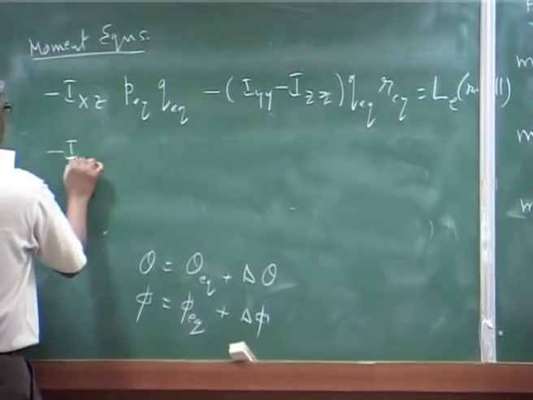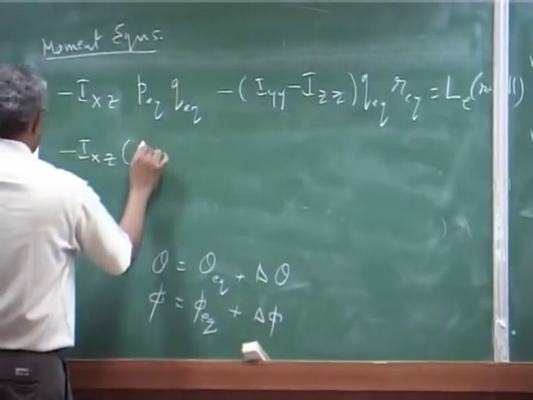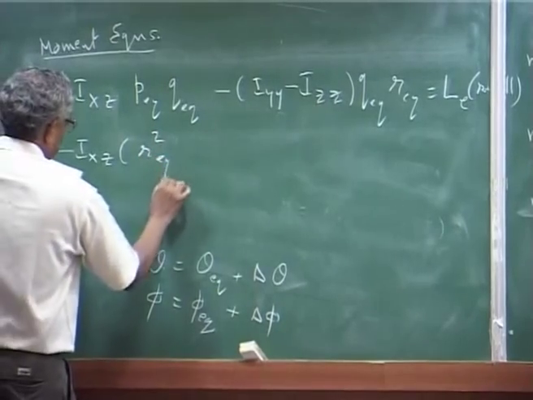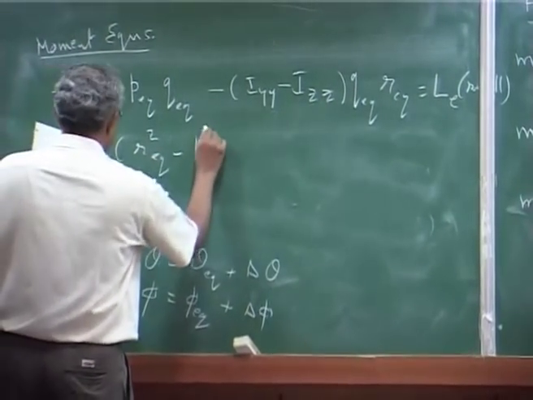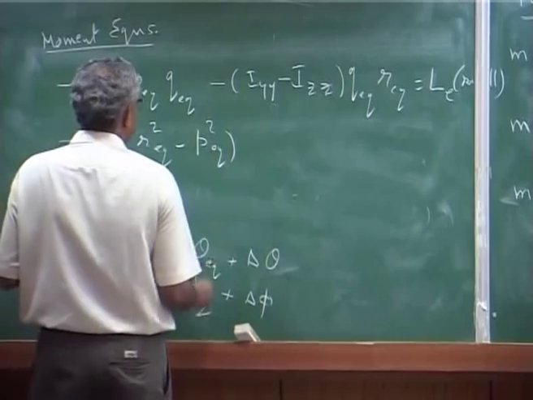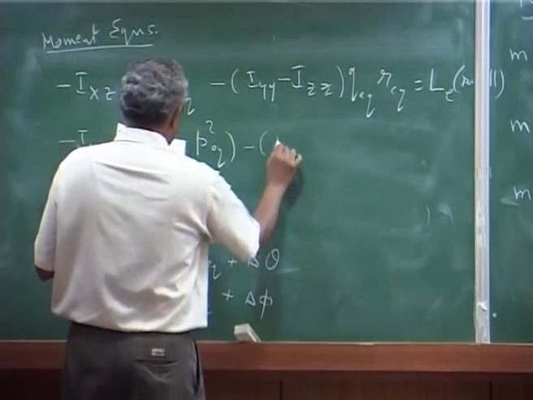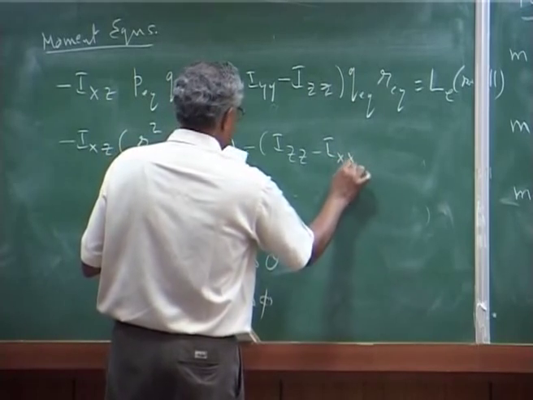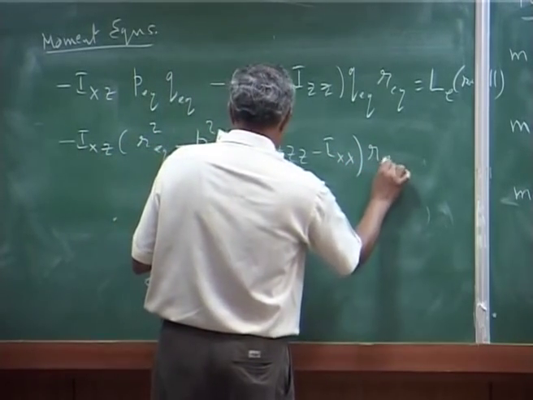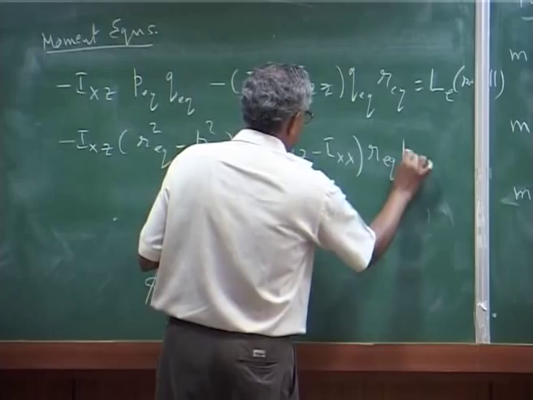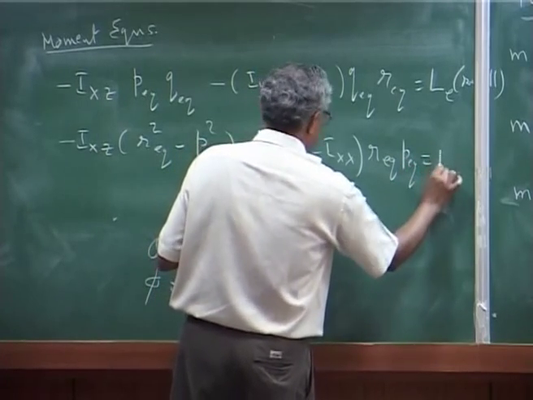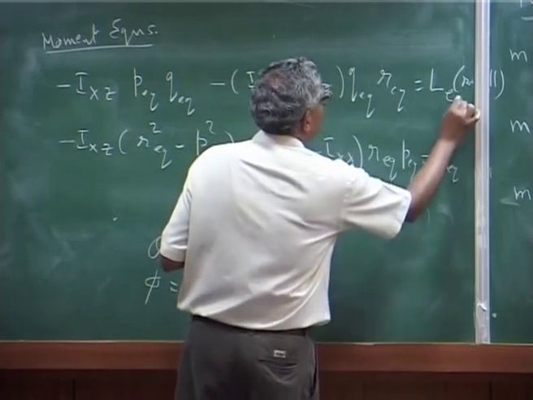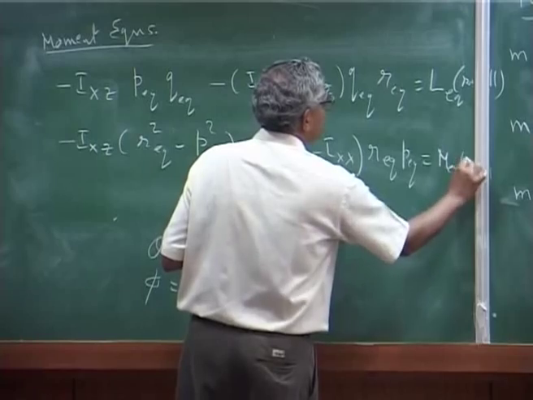Then minus I x z r square minus p square equilibrium minus I z z minus I x x r equilibrium p equilibrium is M equilibrium, this is pitch.